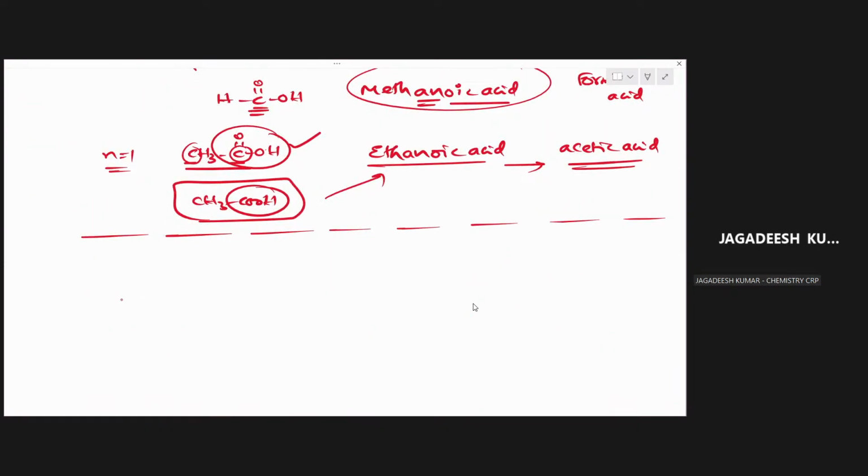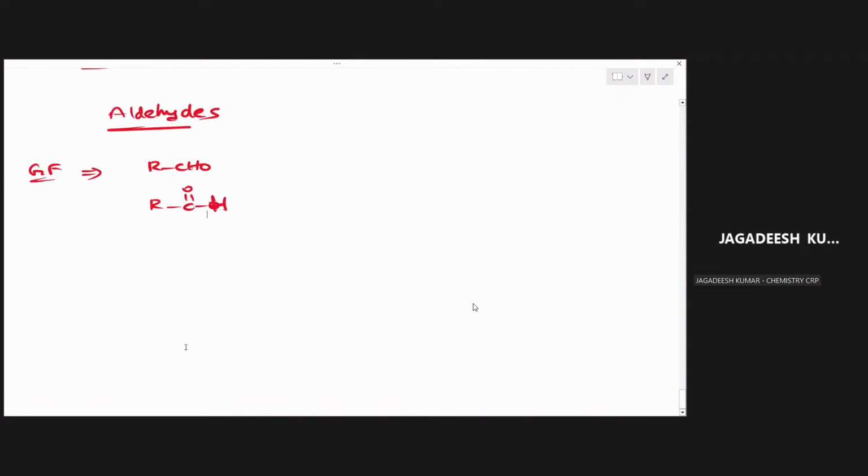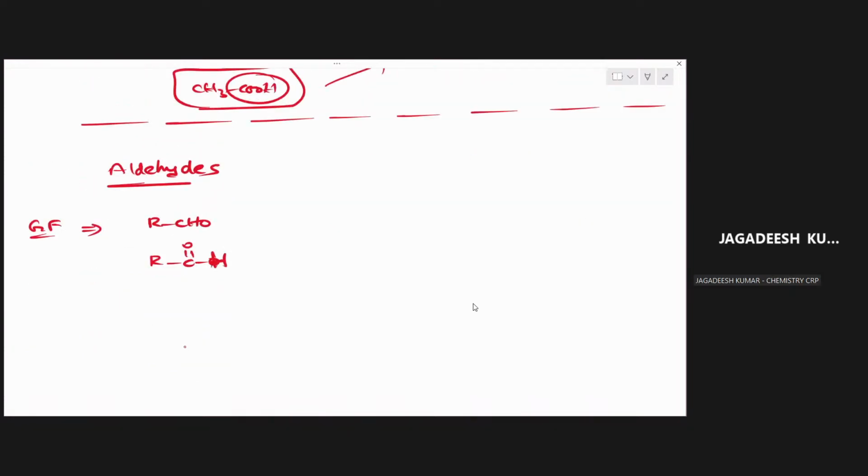And next, another functional group, aldehydes. For aldehydes, the general formula is RCHO. CHO you have to expand like this, because carbon valency is 4: hydrogen with a single bond, oxygen with a double bond.